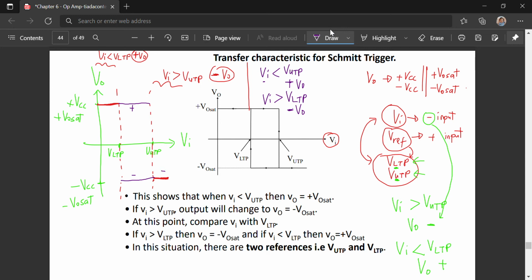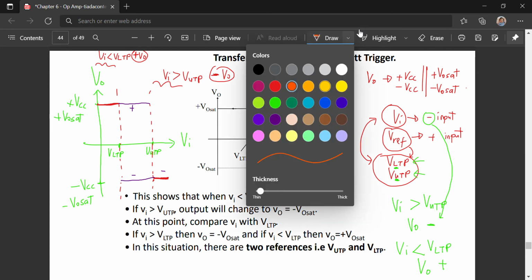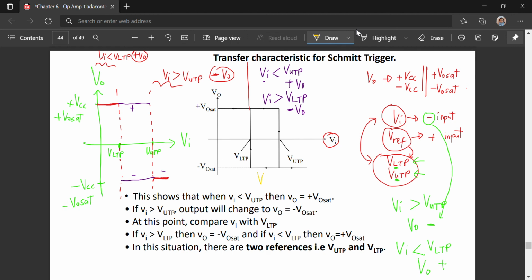So if your VIN equals VLTP, how is your signal?